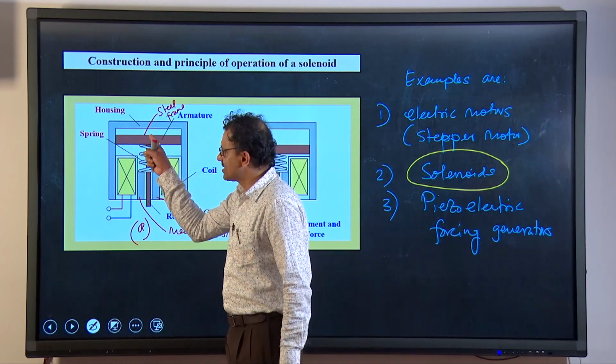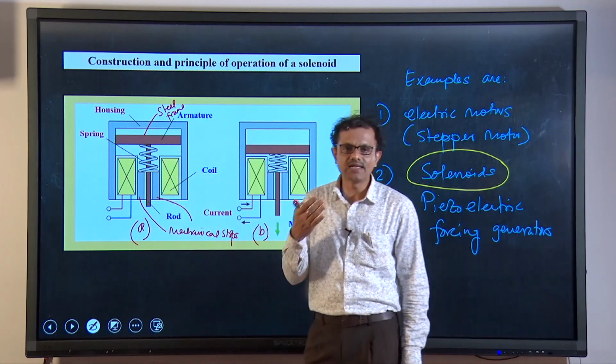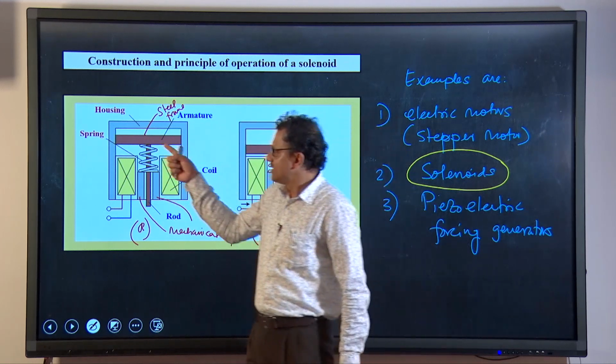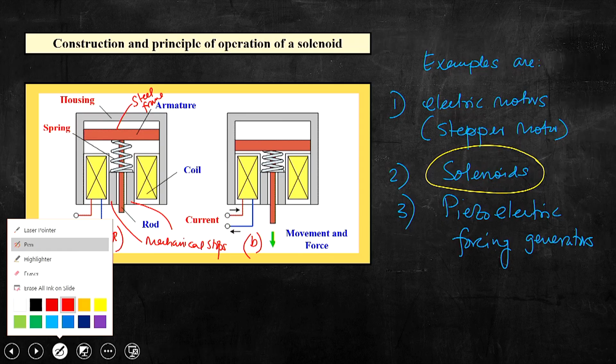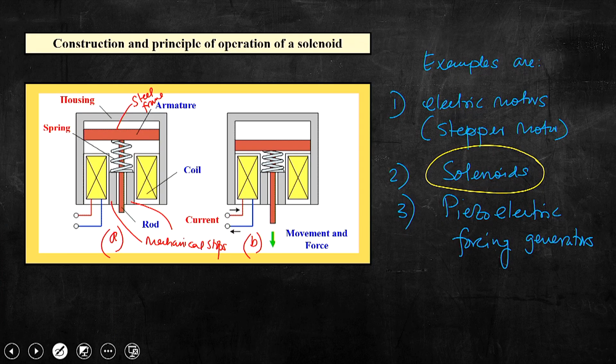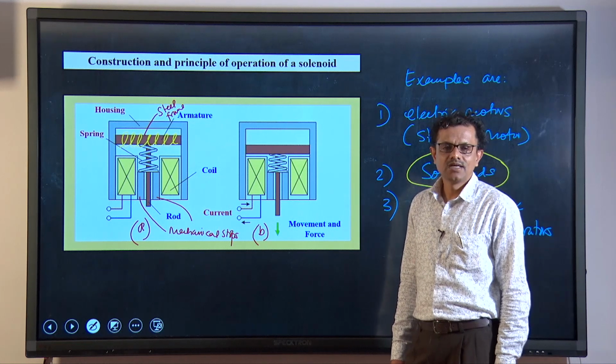Since the hollow steel structure is ferromagnetic in nature, the wire is wound over the steel structure. Let me show here. The wire is wound over the steel structure which is ferromagnetic in nature.